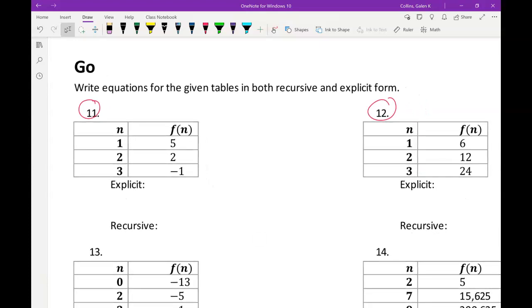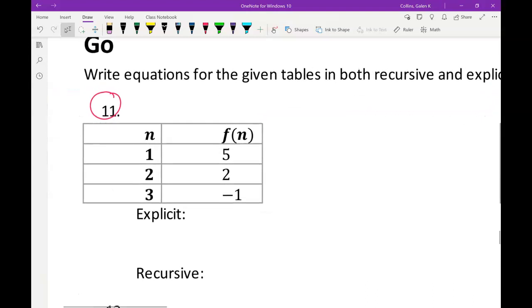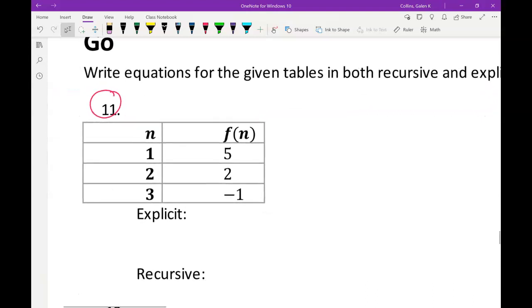So, all right, write equations for the given tables in both recursive and explicit form. Before I can do either of those things, I need to observe how the function is changing as n increases by 1. In my first table, that's not going to be too bad because the n values are increasing by 1.